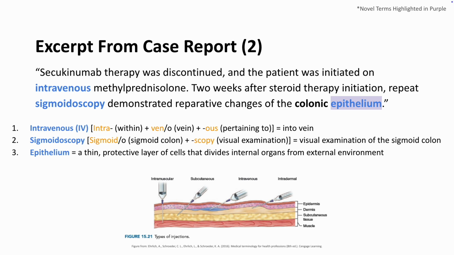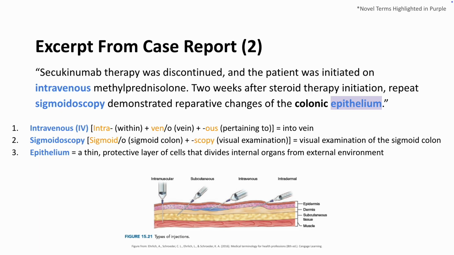So intravenous, IV, you might remember from the integumentary system lecture. It's intra plus veno, vein, plus us, pertaining to. So it's injection into the vein, which would be this one, the blue vein.